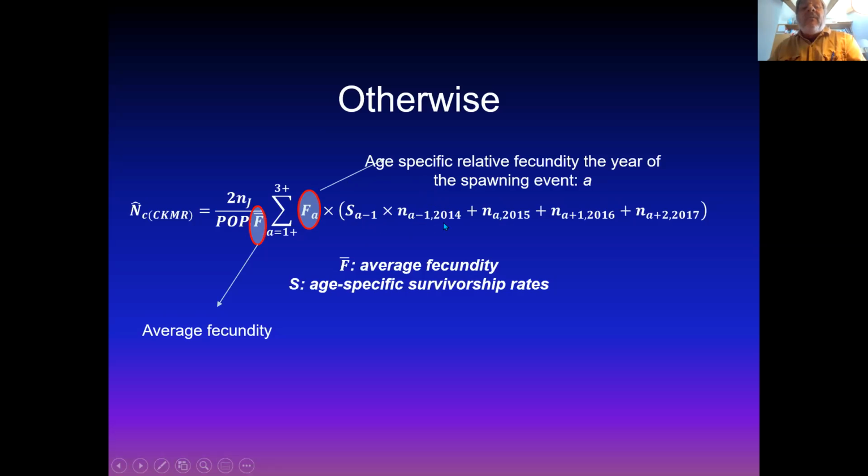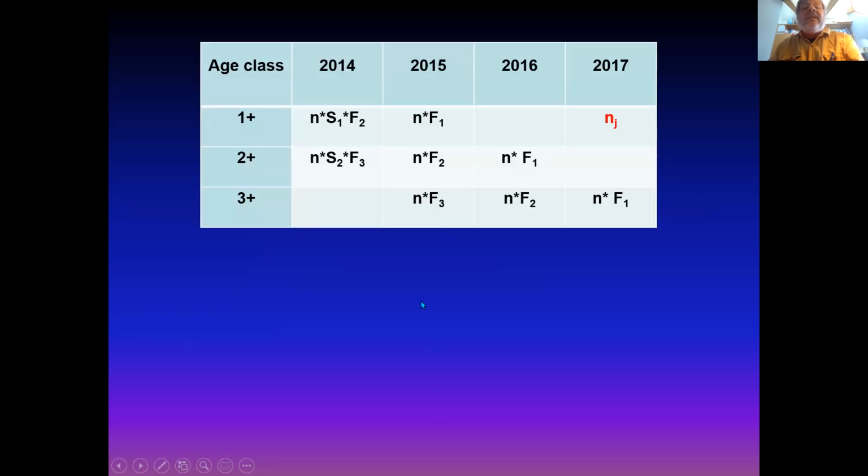And if your samples were collected the year prior or any time prior to the actual year of the spawning event, which was 2015, then you have to multiply your numbers by the survivorship at the age they would have been the year before, in this case, 2014. So essentially that formula becomes this. If we have individuals, this is the year of the spawning event, these are my juveniles, and 2-year-olds collected 216, you multiply by the fecundity at age 1, and so on and so forth.